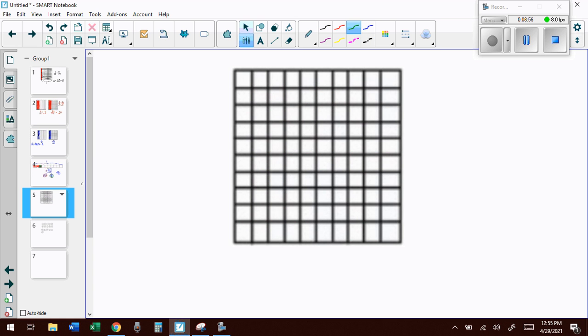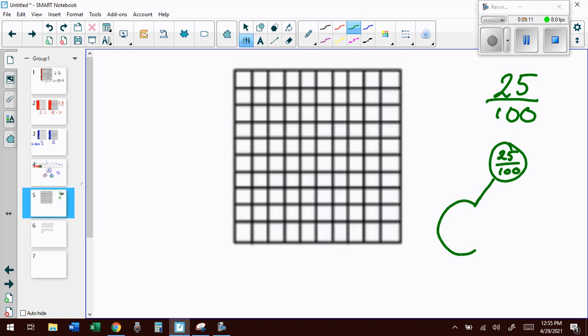There. So in order to show 25 100ths, we made that number bond that showed that 25 100ths was 2 tenths and 5 100ths.